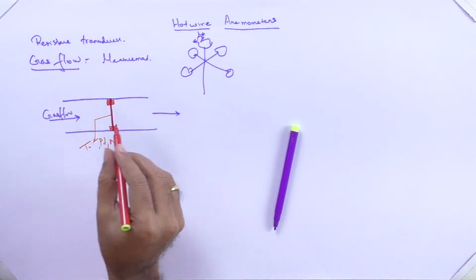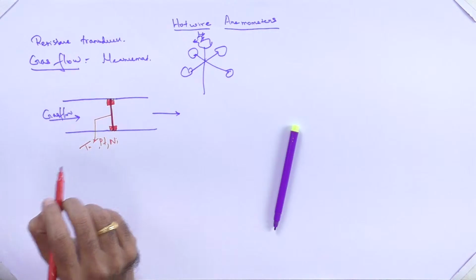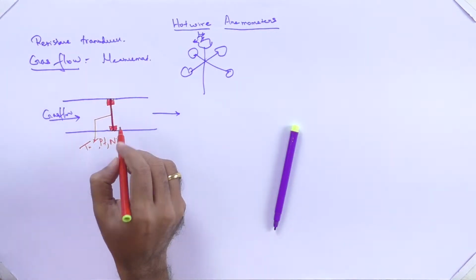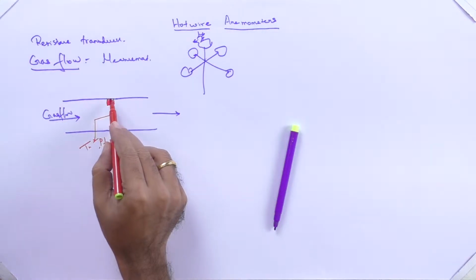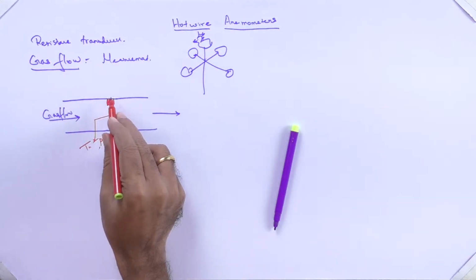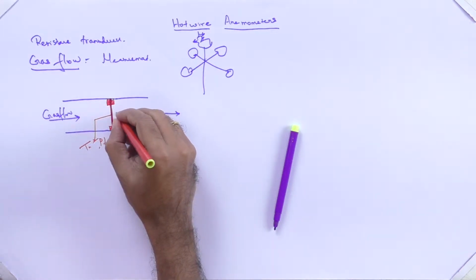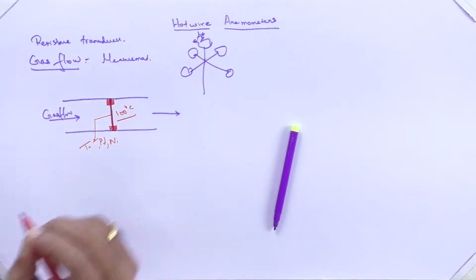So here is how it works. We have a hot wire which will have a resistance attached to it. Let's consider that it is maintained at 100 degrees centigrade.